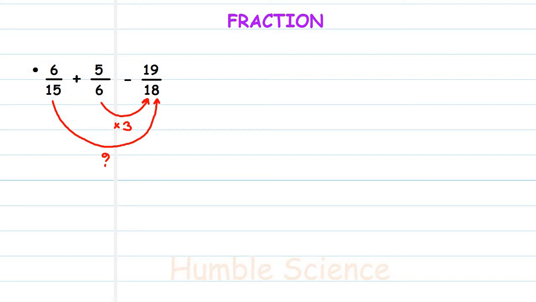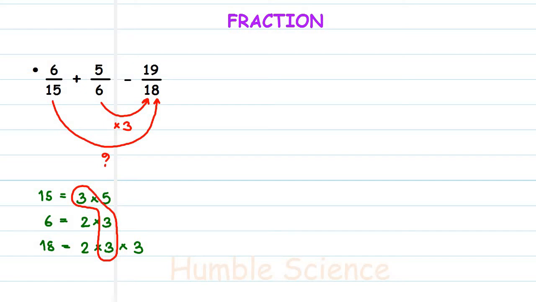Let's try that. For 15, it is 3 times 5, and for 6, it is 2 times 3, and for 18, it is 2 times 3 times 3. So first we will try to find the repeats in all three of them, and we can find one over here, 3.